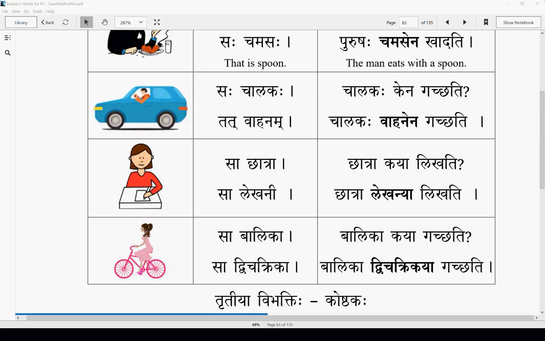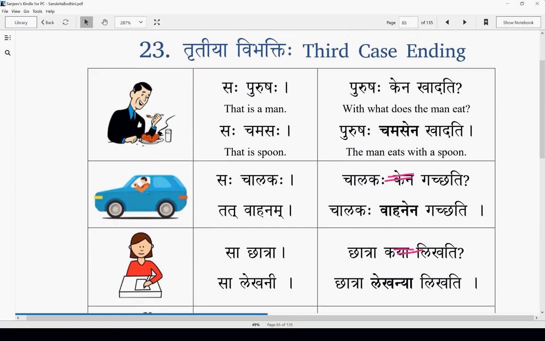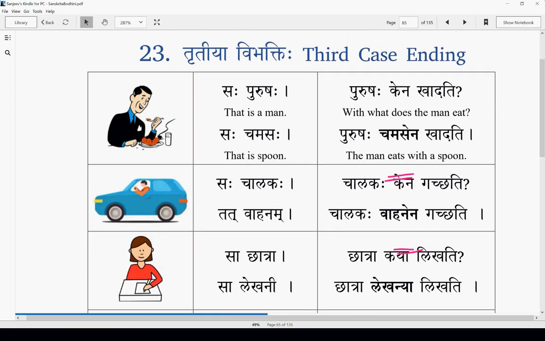So a couple of things here. So this is kaya gacchati. Okay, not kya. So why are we using kaya? Because it is Strilingam.